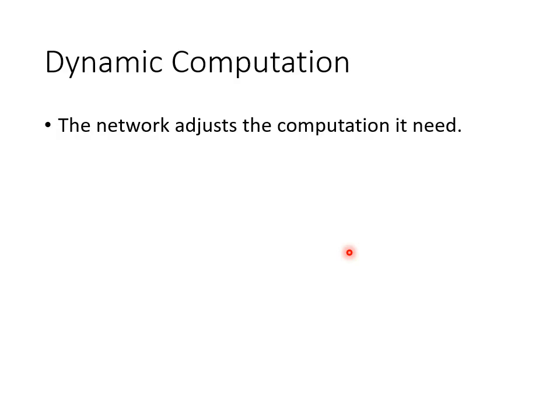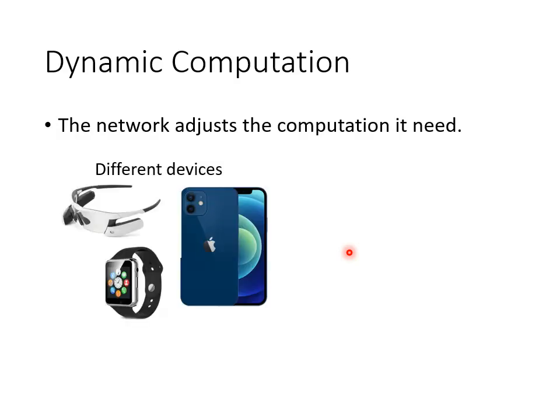Why do we want the network to freely adjust the amount of calculation it needs? Because sometimes you may want to run the same model on different devices. And different devices' computing resources are not the same. So after you train a network, you expect that putting it on a new device will not require you to retrain the network, because this magical model can adjust its computing resources dynamically.